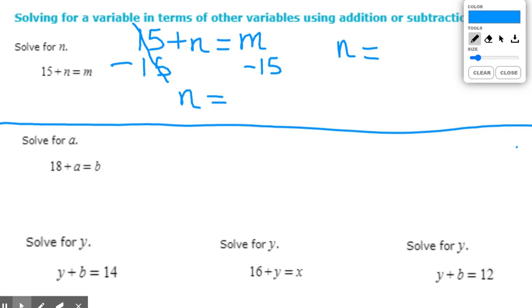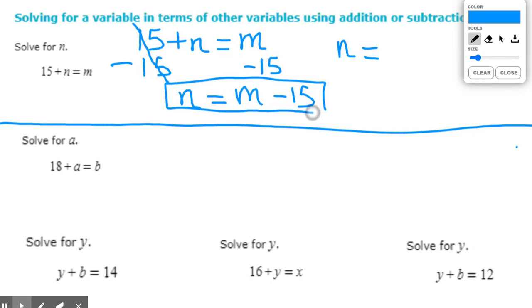And I cannot combine these terms because they're not like terms. So I'm left with m minus 15. And that is my final answer. I'm done. n is equal to m minus 15. That's it. So be comfortable with your answer having a variable in it because you cannot combine 1m and -15. They are not like terms.